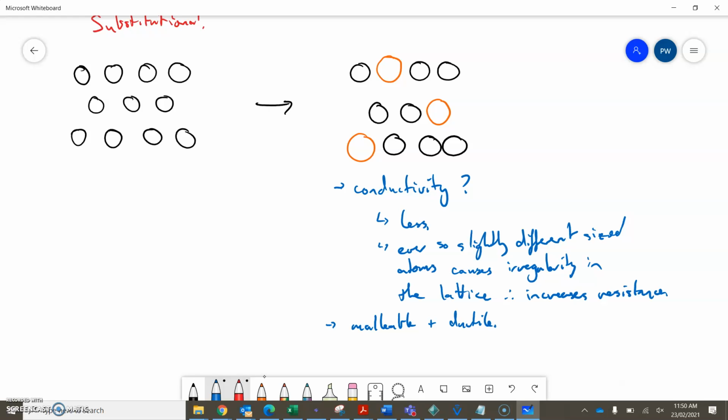Is this more malleable and ductile than the original? Yeah. So it's less conductive, likely to be slightly more malleable and ductile. Both types of alloys tend to be more corrosion resistant.